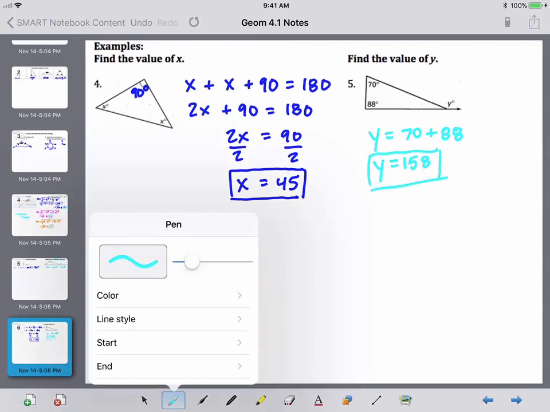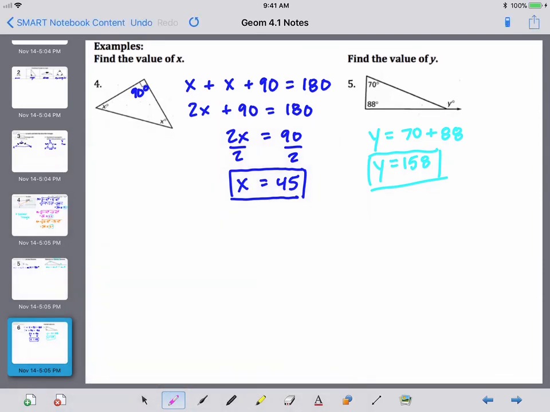Now a second option to figure out this problem would be to use that triangle sum theorem. So we know that this angle here would be 180 minus these other two angles, 70 and 88.